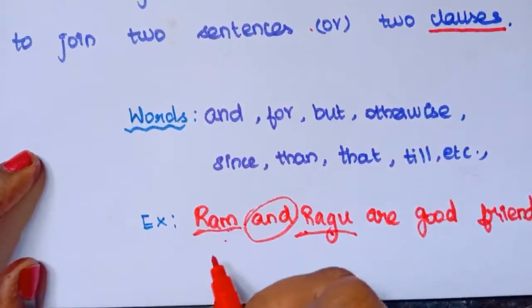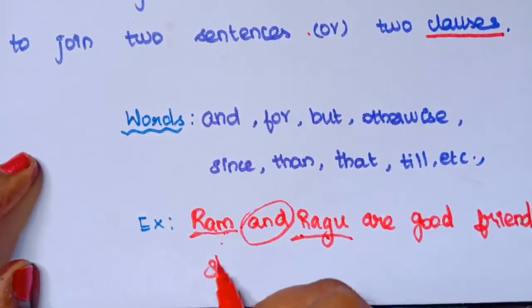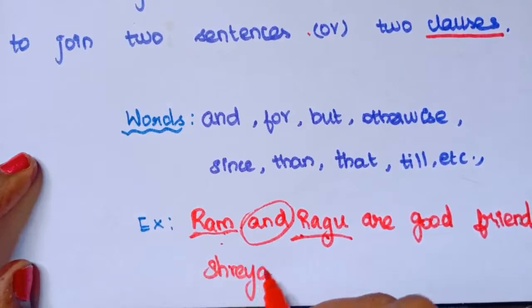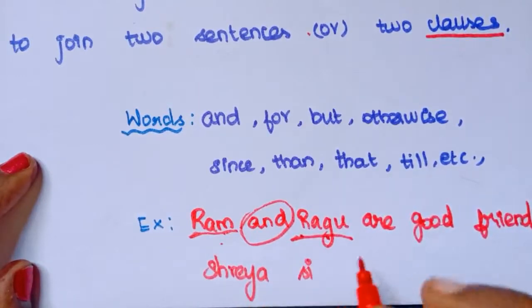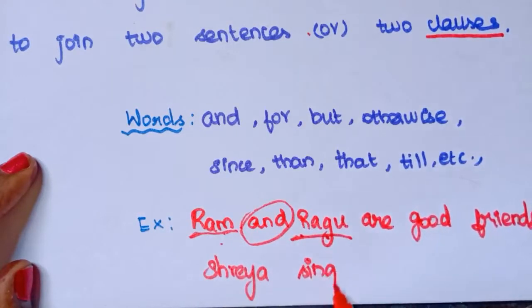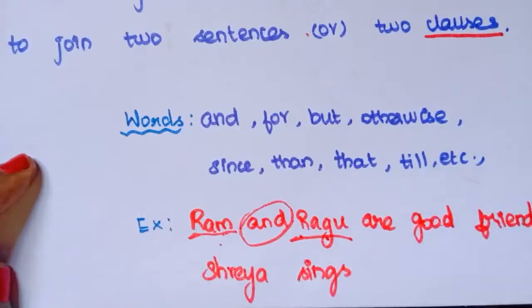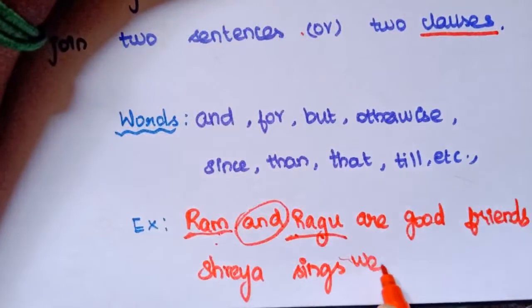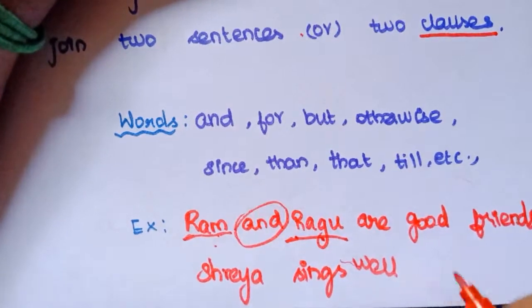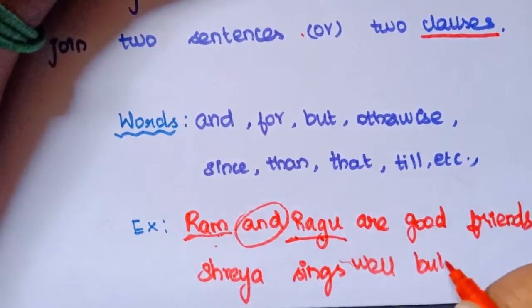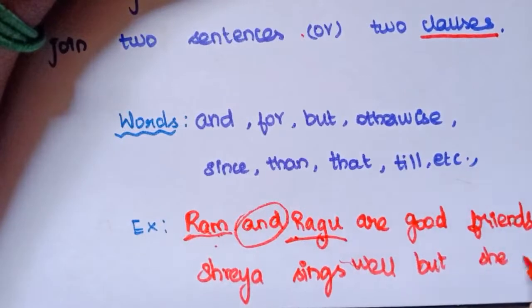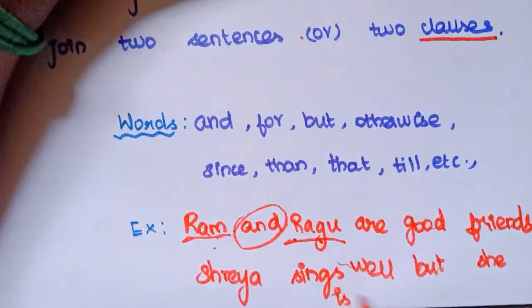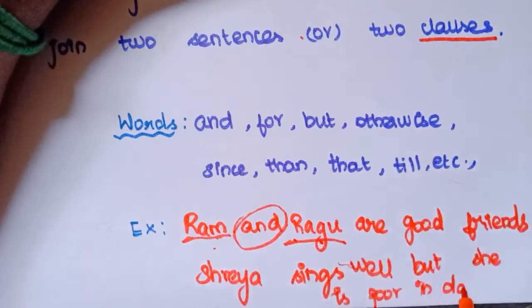we can take an example. Shreya sings well, but she is poor in dance.